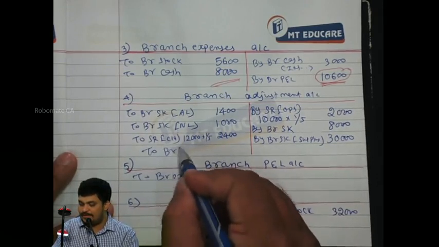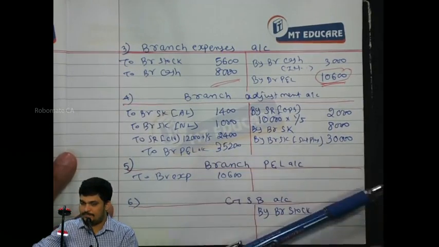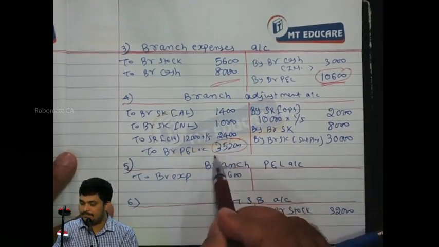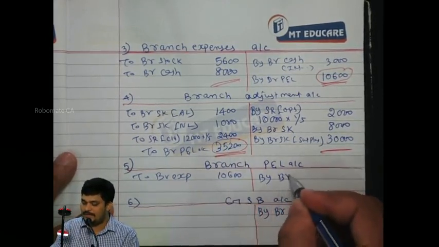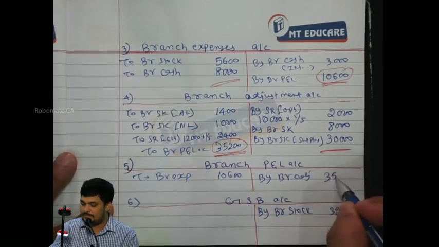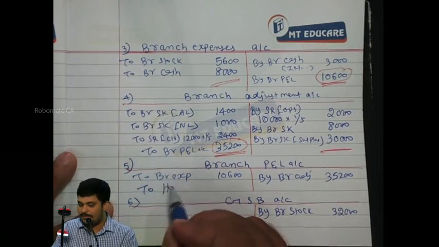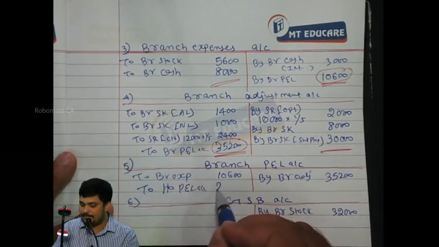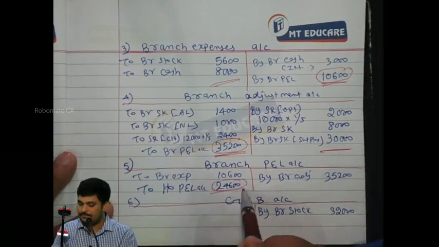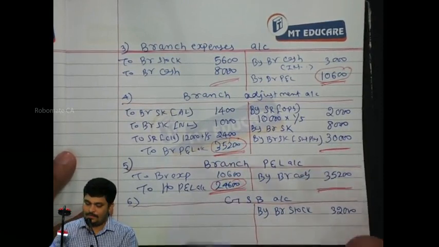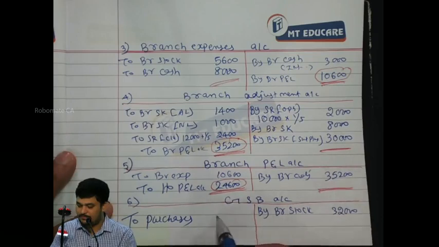So to branch P&L, by branch adjustment account, to head office P&L. That is the profit. And this is transfer to purchases.